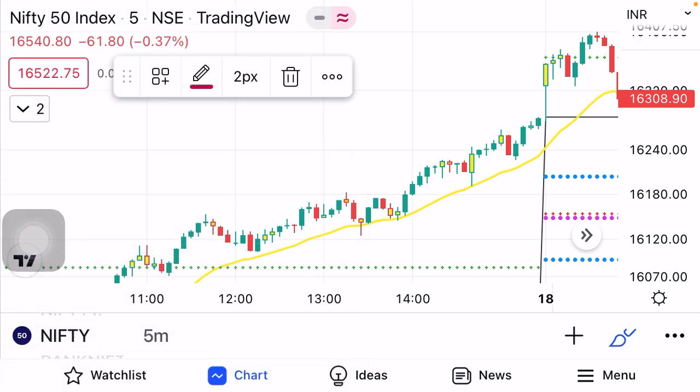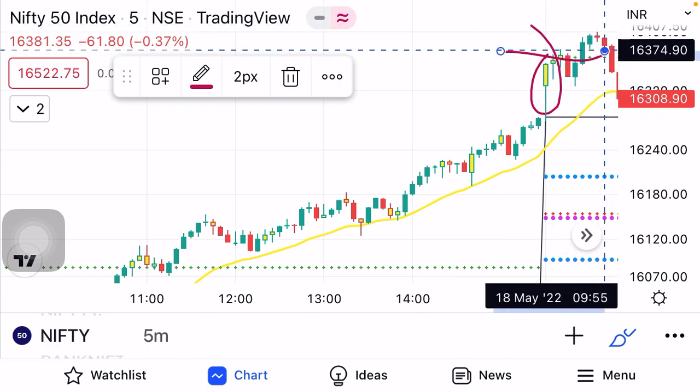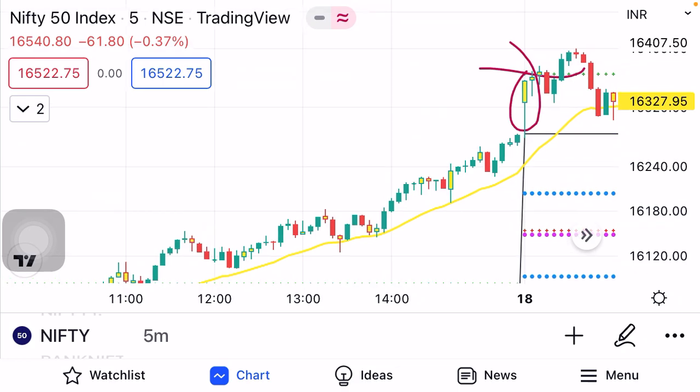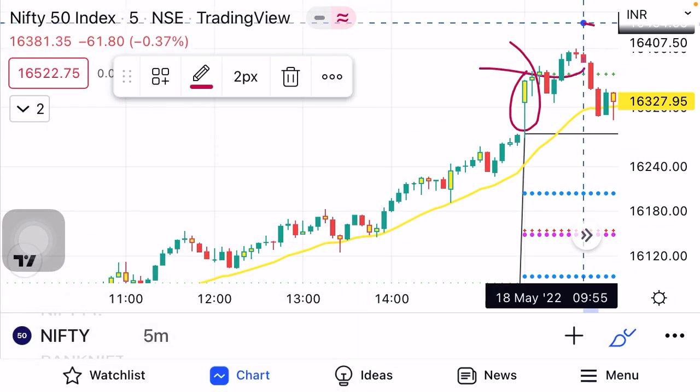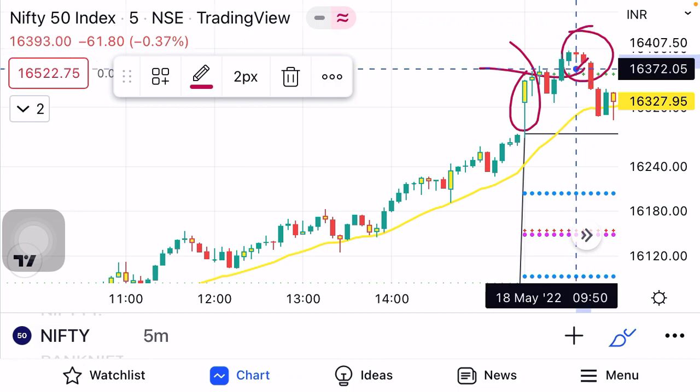Okay, the first 5 minutes candle is bullish, but it is below H3. Observe that point clearly, and observe here it has trapped the call traders, and it came again to H3, breaking. So we'll go for a put position.